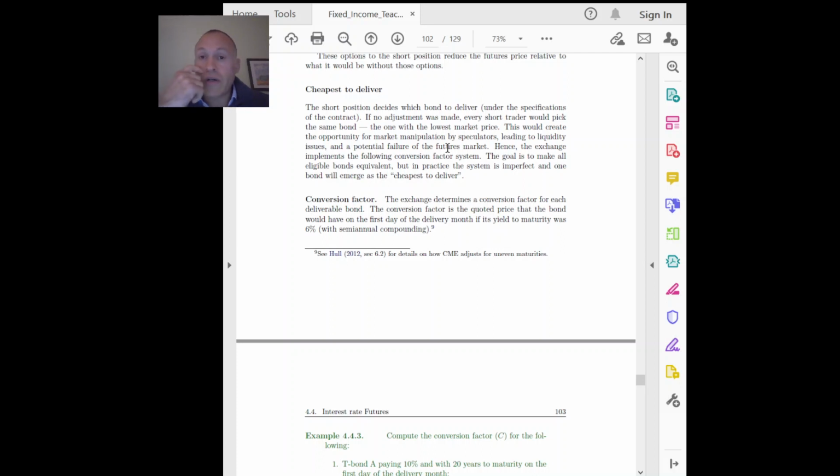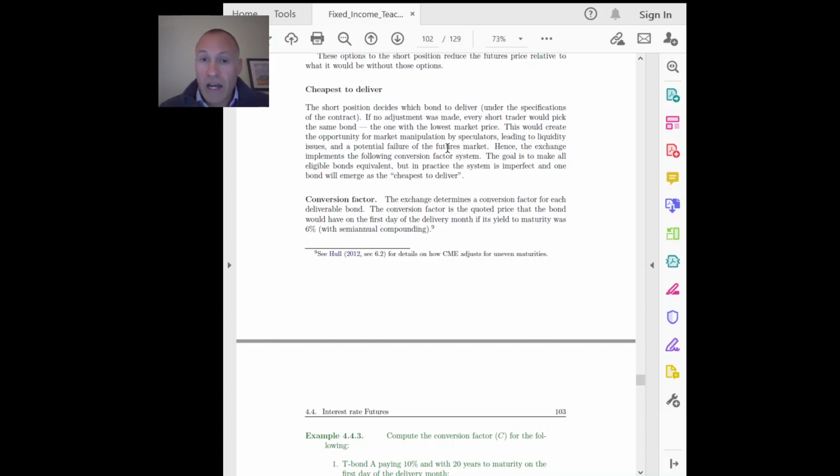Okay, so what the exchange does to prevent that problem is to implement a conversion system. Okay, so the idea is that we are going to come up with a system to try to make all the bonds that are within the maturity range equivalent.